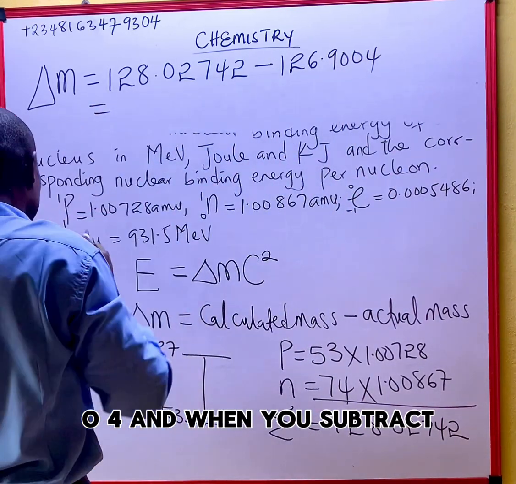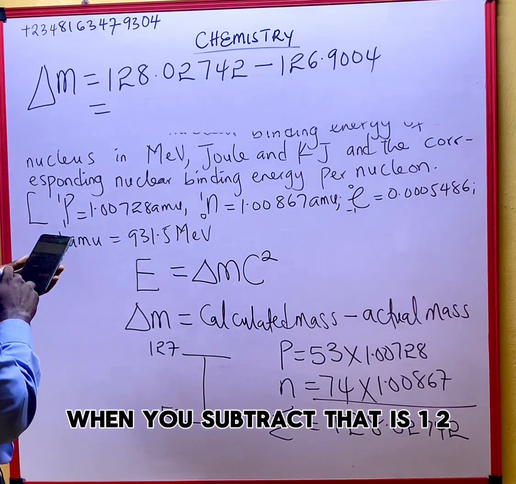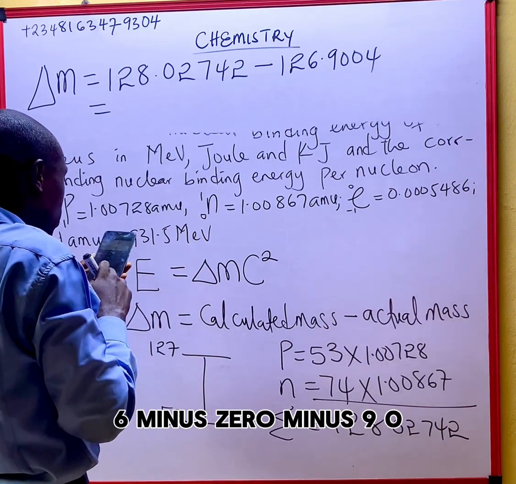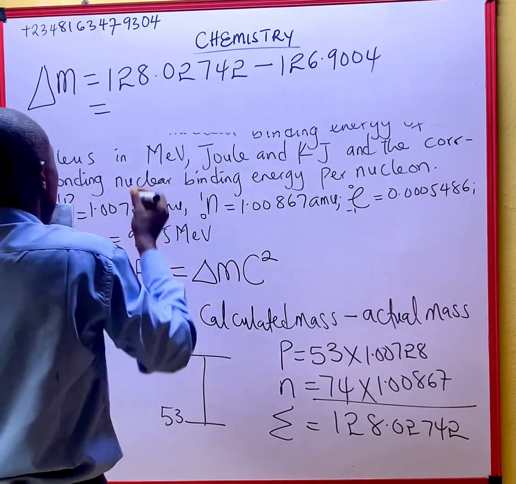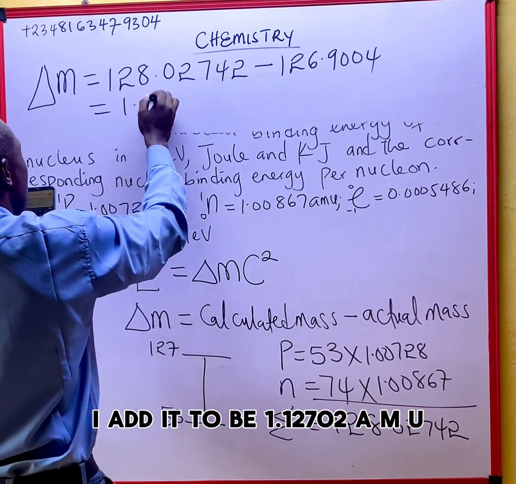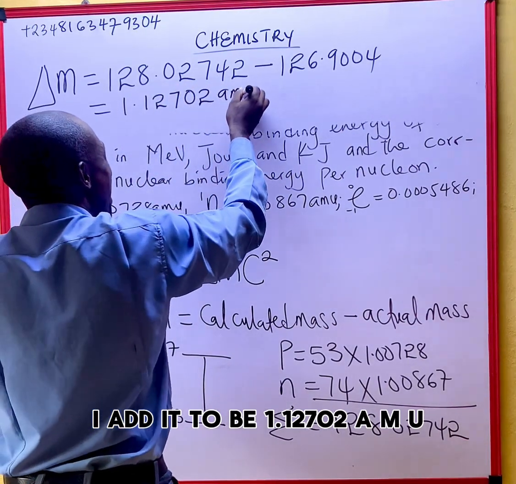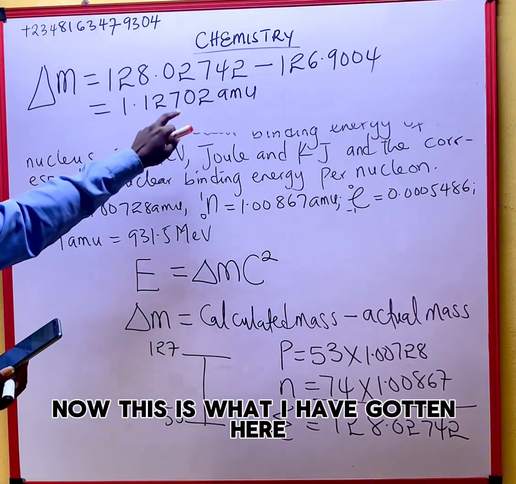But when you subtract, that is 128.02742 minus 126.9004, I got 1.12702 AMU.